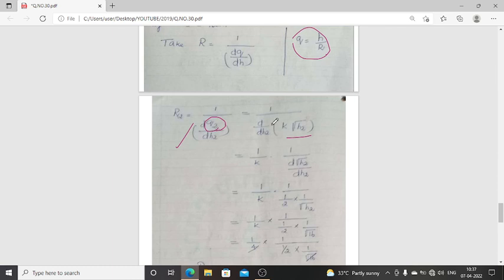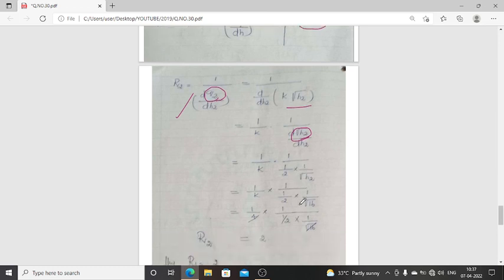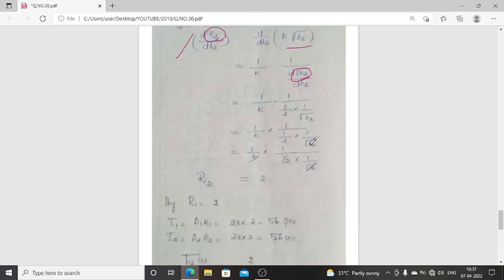Finally, k is a constant, right? Take it outside: 1 divided by k d root of h2 by dh2. The derivative of root of h2, that is h2 power 1 by 2, using n into x power n minus 1, gives 1 by 2 into 1 by root of h2. This is the answer of the differentiation. So substitute h2 here, the already calculated value. Finally we get the resistance R2 is equal to 2. Similarly, what is R1? Following the same procedure, R1 is also 2.